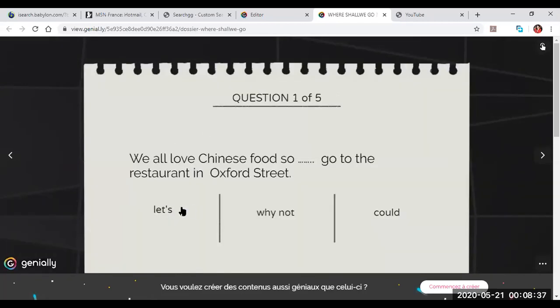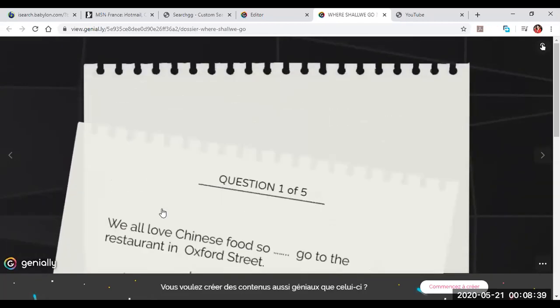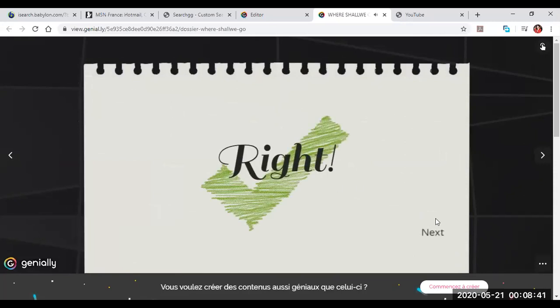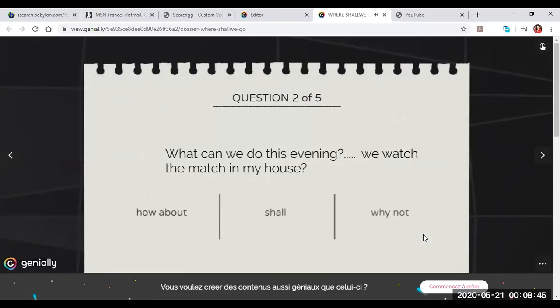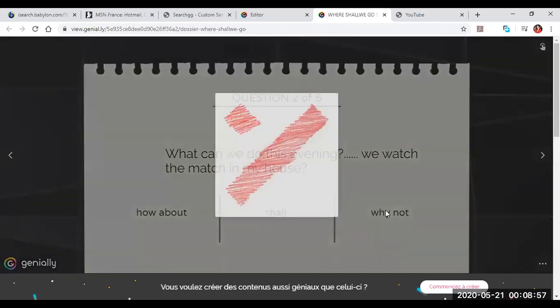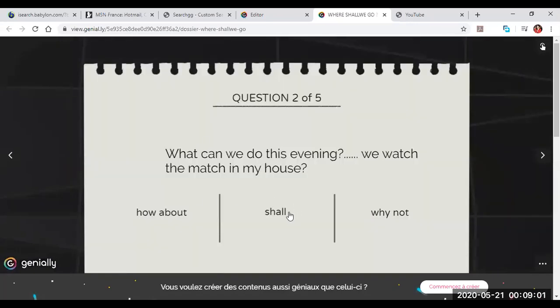All right, why not? Choose let's. What can we do this evening? Blank we watch the match in my house. All right. I'm going to go for this one. Why not? No, it's not correct. So maybe this one.